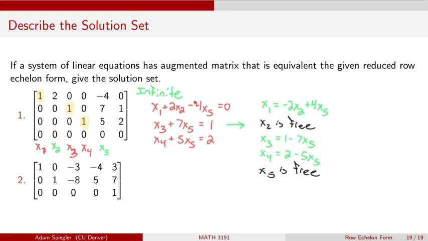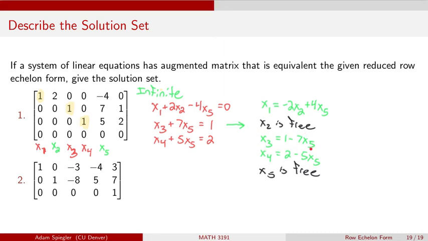This first set in red is just writing out the corresponding linear system for this augmented matrix. Then what I want to do is solve for each of these basic variables. I can solve this equation for x1, which gives me the relation between x1 and the free variables x2 and x5. x2 is free, there's no pivot in column 2.